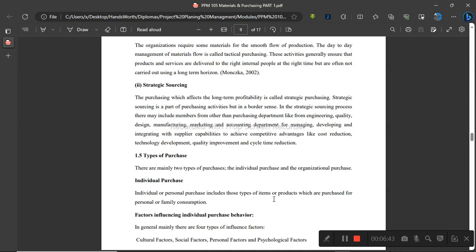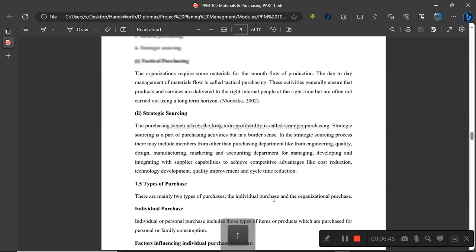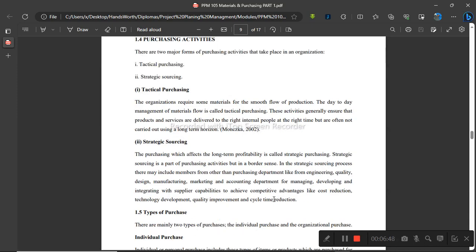So in a nutshell, when we look at tactical purchasing, we're simply looking at the day-to-day operation of an organization. Those events are required in the day-to-day operations of a given organization, and here you don't really have to involve a lot of people. It can be carried out simply by an individual or an individual department, just to ensure a continued smooth flow of production or operation.